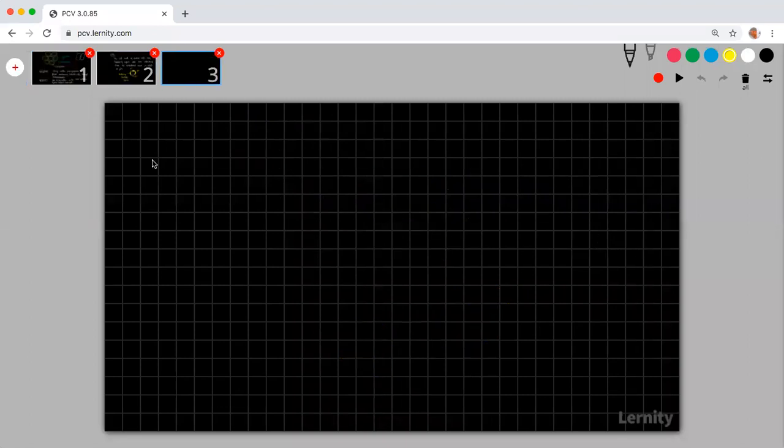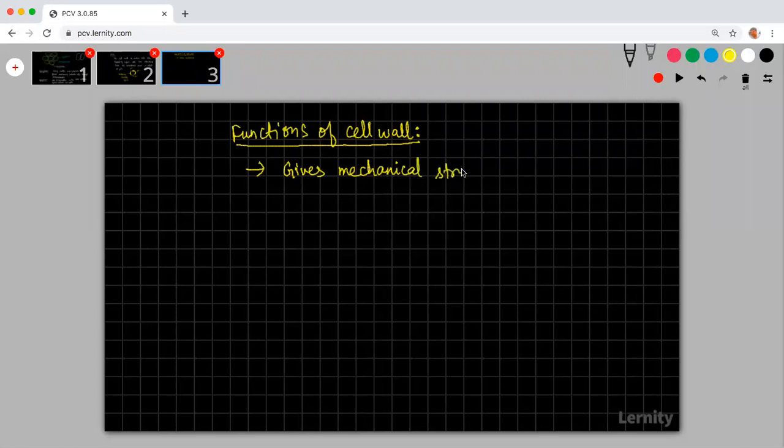Now moving on further, what are the functions of cell wall? It gives mechanical strength, gives rigidity, and resistance to enlargement.